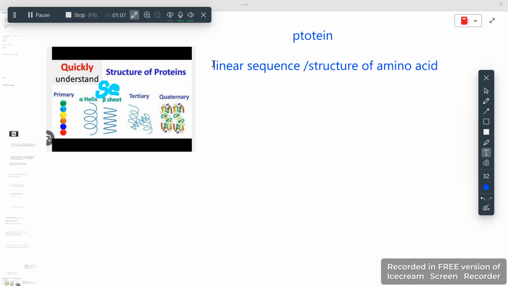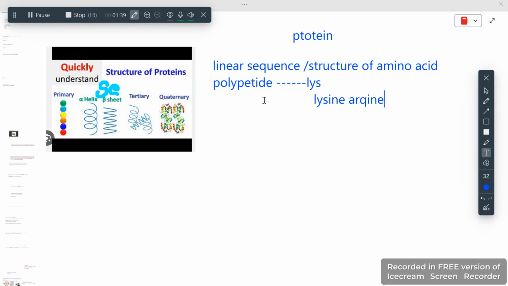Of amino acid, and this has a polypeptide bond which is having LYS, which is lysine. I'm just telling you about the polypeptide bond, which is having lysine and arginine, which have their own structure.